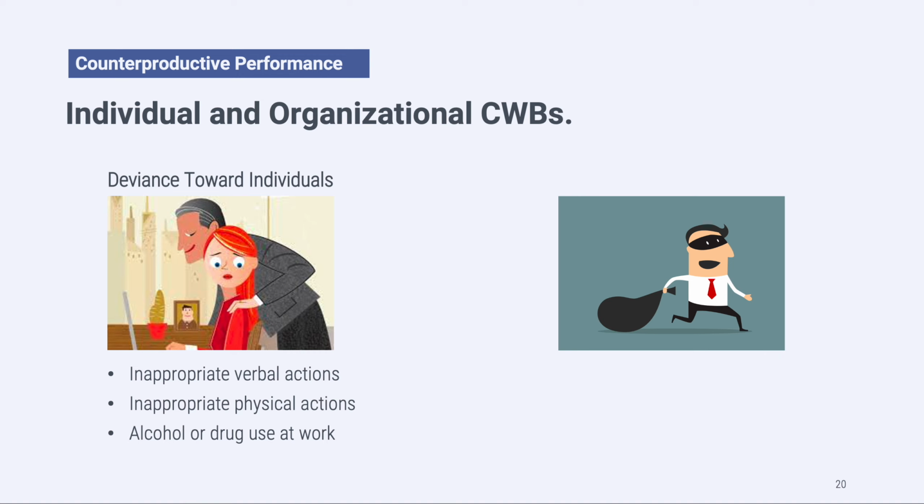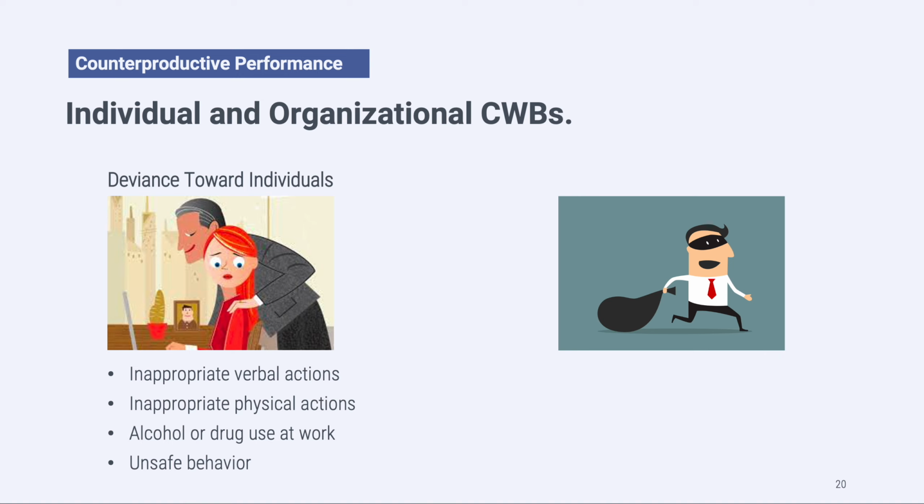We can also include alcohol or drug use at work. So somebody who shows up under the influence, or maybe they're showing up hungover, certainly detracts from their ability to do the job, but also can put other people at risk. And then we can just look at general unsafe behavior. So maybe somebody who fails to wear safety gear, maybe someone who fails to wash their hands when it's required. Think of if you worked in an operating room and the surgeon never washed their hands. You might not want to be working in that operating room with that person.